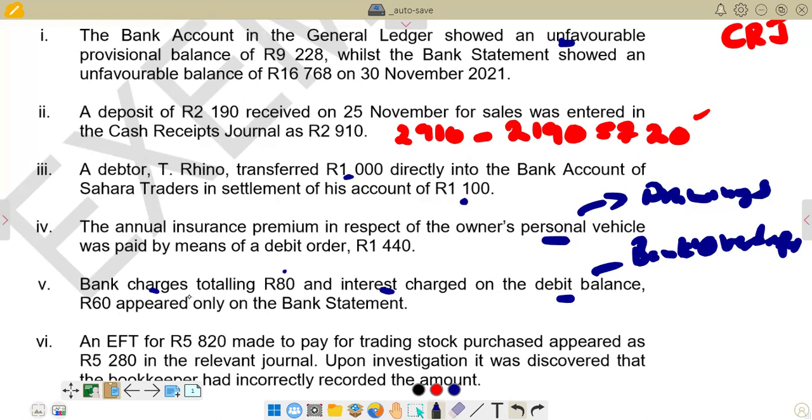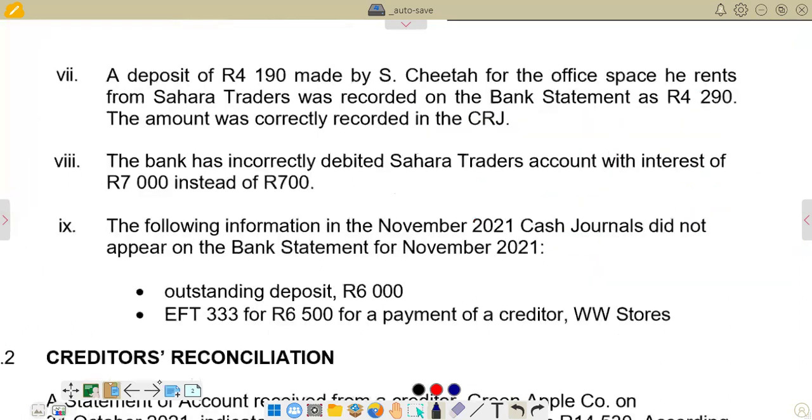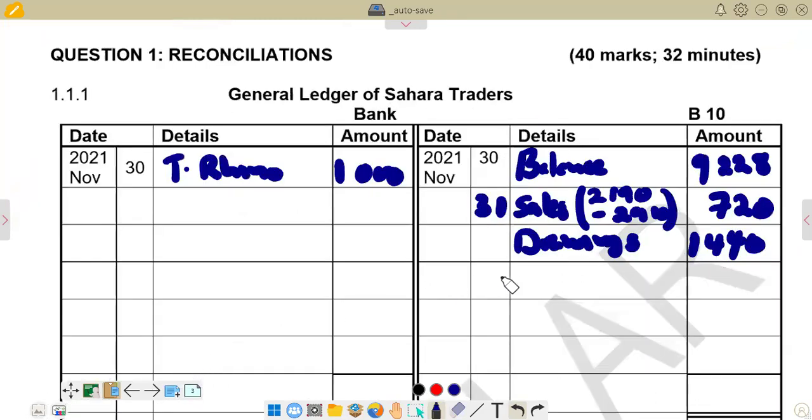So we're going to go to the credit side. So we go here on the bank account and just put those missing amounts. So we go to the credit side. We are saying we've got bank charges. Our bank charges, we have got 80. And also we've got interest on overdraft.